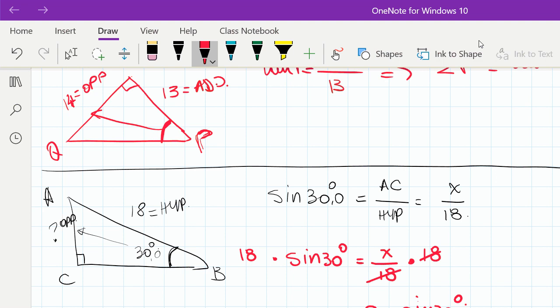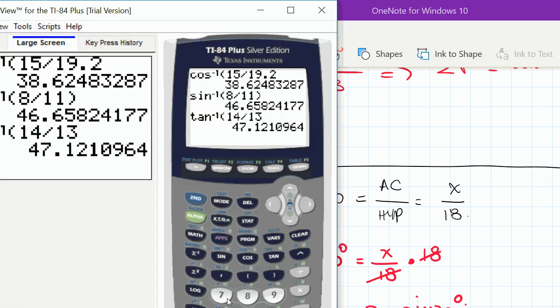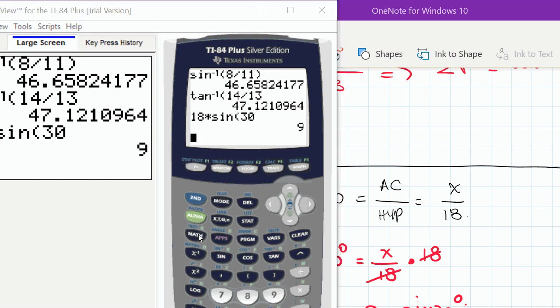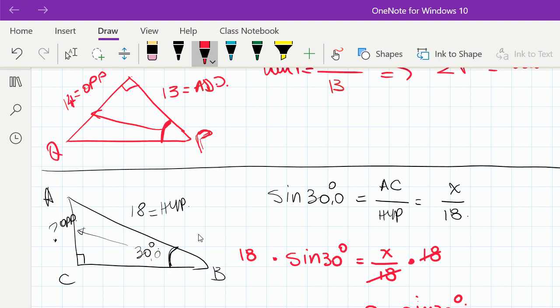And in your calculator, 18 times sine 30 will be equal to 9. From here, you can solve even the further one. So this is 9 now. You can either use cosine to figure out what CB is, or A squared plus B squared is equal to C squared.